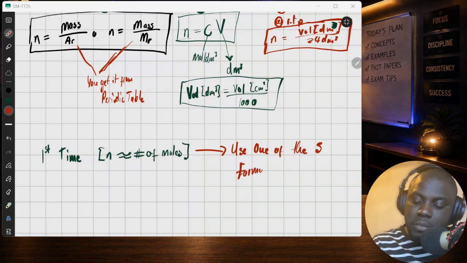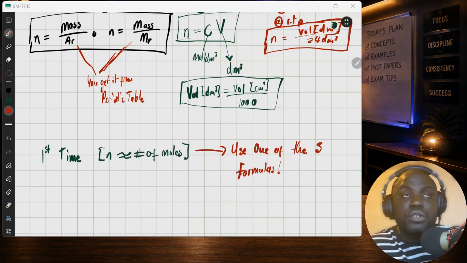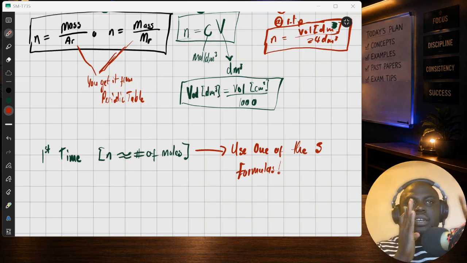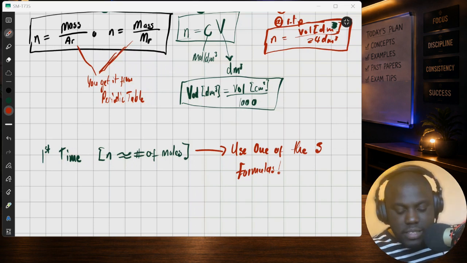Remember, we have 3 formulas that I've just given you, and these are used to find number of moles. So the first time, you choose a formula that is related to the information you have been given in the question. That's the very first time.